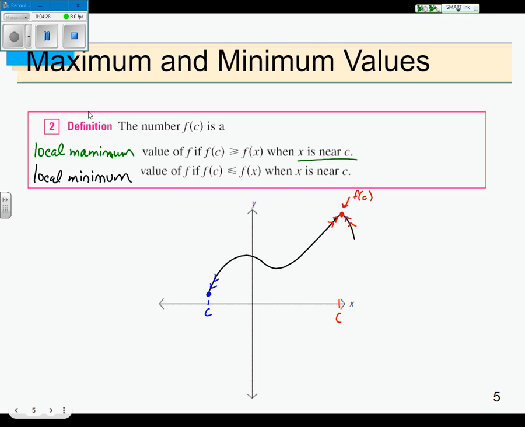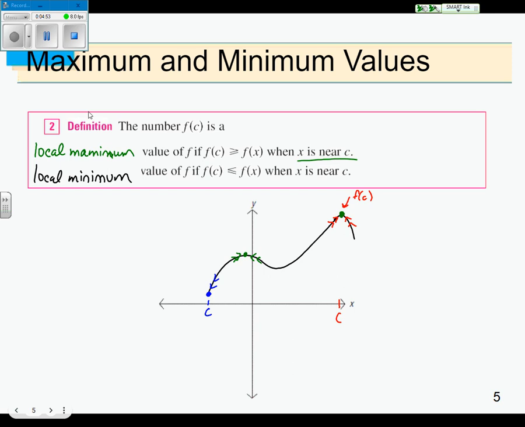The idea of the local maximum is that it's just higher than all the values close to the point right here. That looks like a good local maximum to me because it's higher than all the points around it. If you're thinking, wow, it's just where it forms a hill, you're exactly right. This red dot is not only an absolute maximum, it's also a local maximum as well.